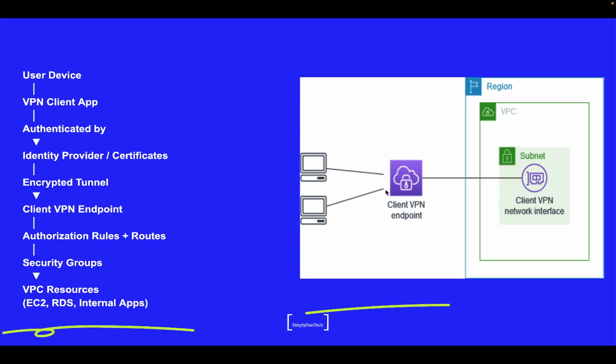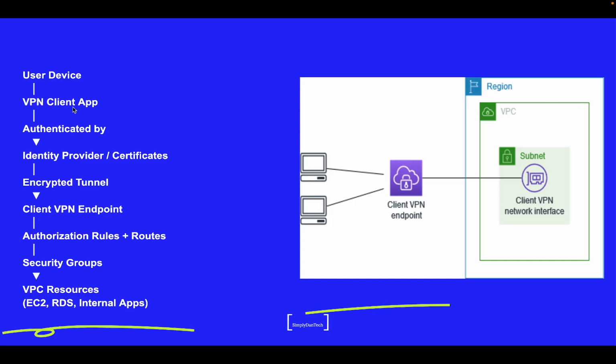So what you want to do is to create what we call a client VPN. This is what we're going to create, and then you can download any VPN software on your machine, use that to connect to the VPN client endpoint, and then you'll be able to access your resource. Again, I've got this here. This is your user on your device.